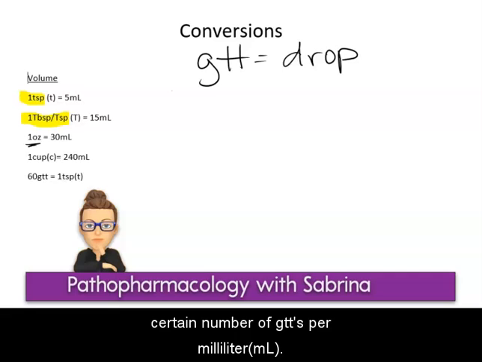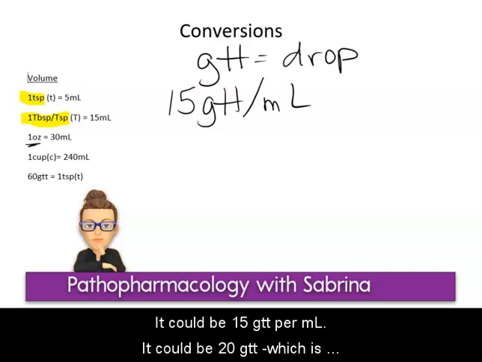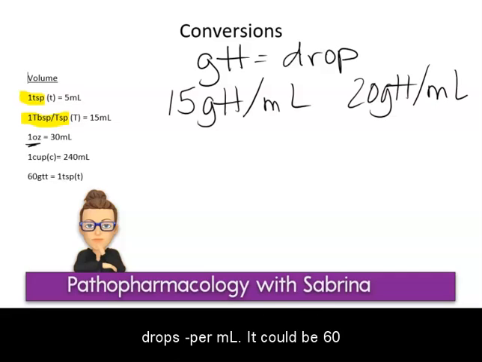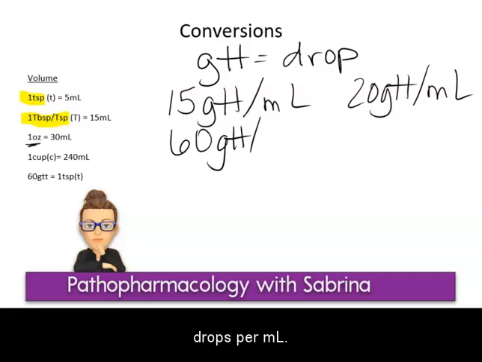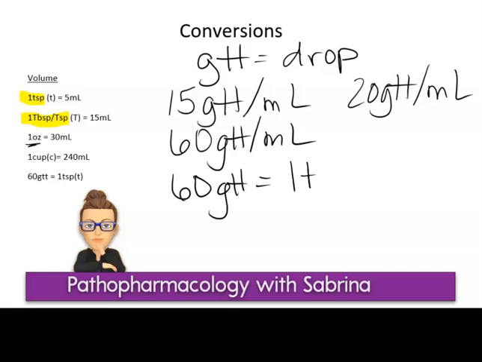It could be 15 GTT per milliliter. It could be 20 GTT, which is drops per milliliter. It could be 60 drops per milliliter. When you have 60 drops, it equals 1 teaspoon.